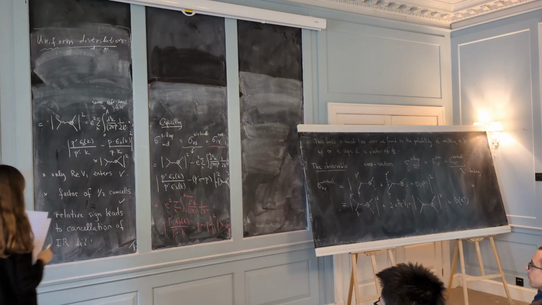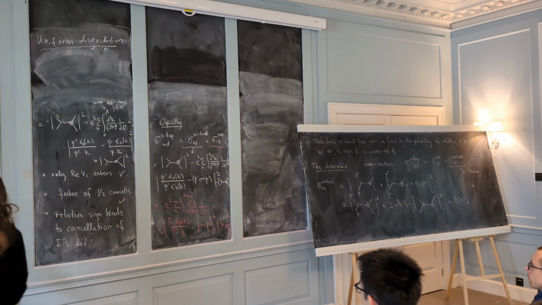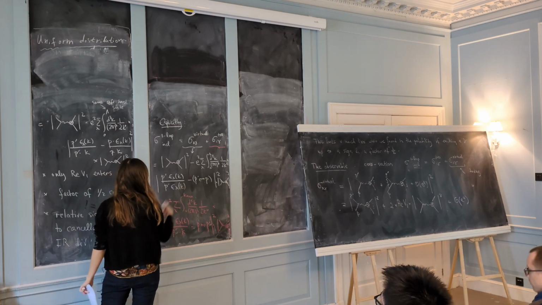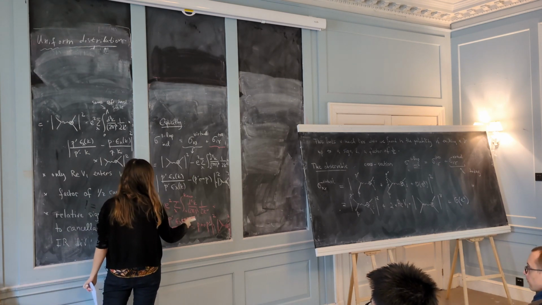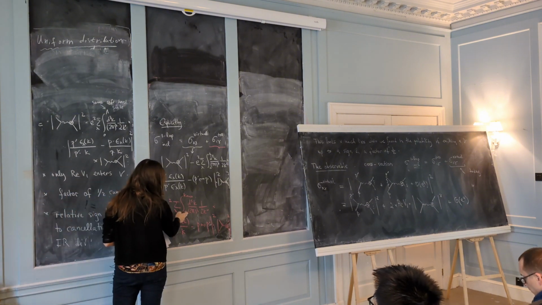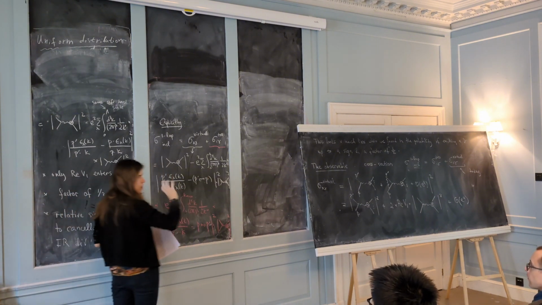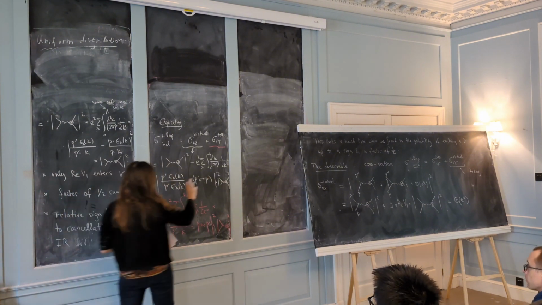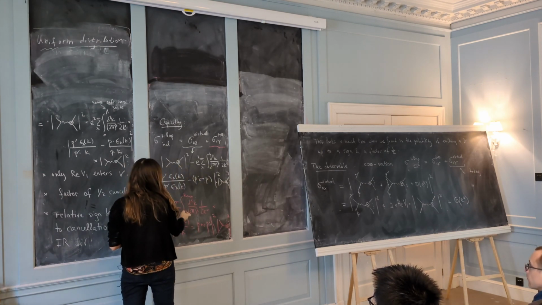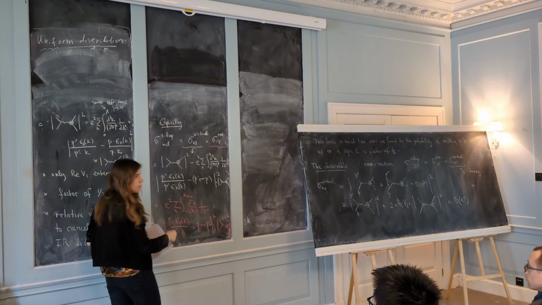Sorry, I just noticed that the color is not great. Apologies about that. But the key point is that there is the sign. These things are exactly the same. So the divergence comes from the lower limit of integration here. But when you take the difference between those two, that cancels.